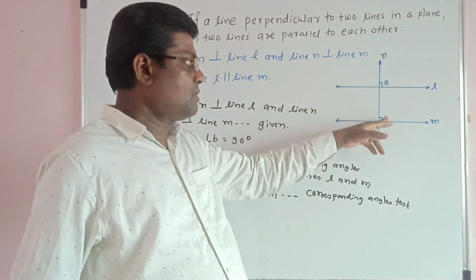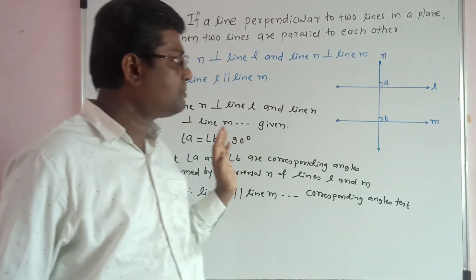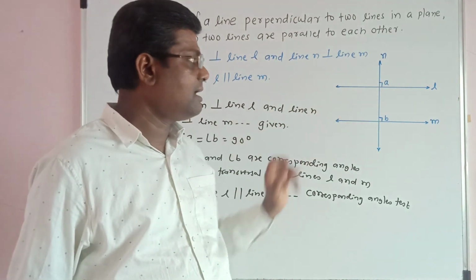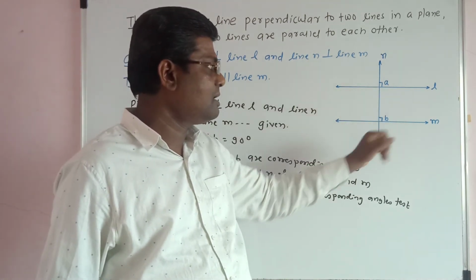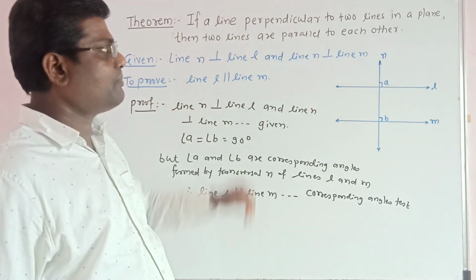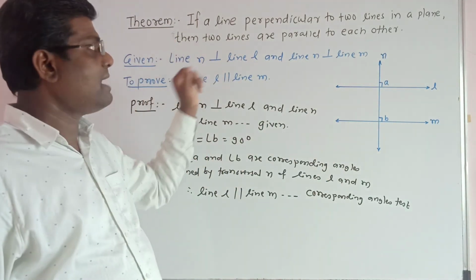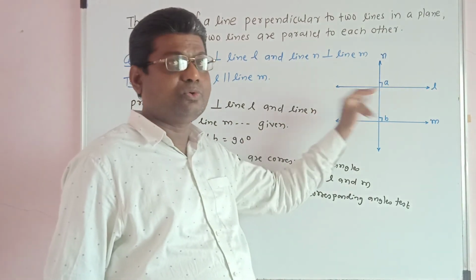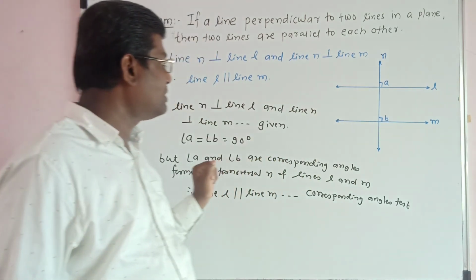Angle A is equal to angle B is equal to 90 degrees, but angle A and angle B are the corresponding angles formed by the transversal N of lines L and M. So according to the corresponding angles test, line L is parallel to line M. So we can say that if a line is perpendicular to two lines in a plane, then the two lines are parallel to each other.